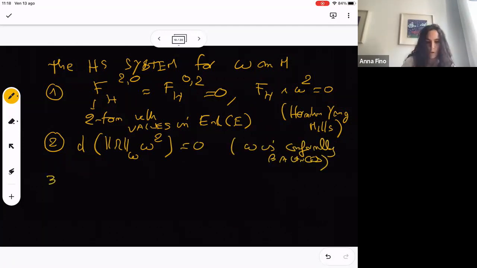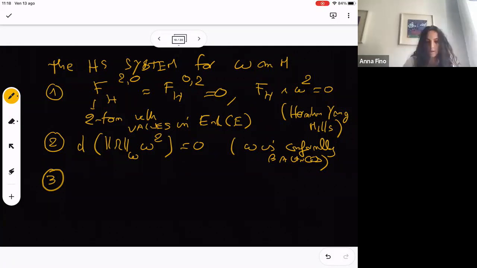And then the third one, which is more difficult, is similar to a curvature condition on your conformally balanced metric.